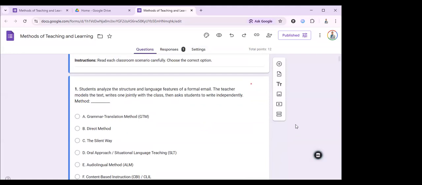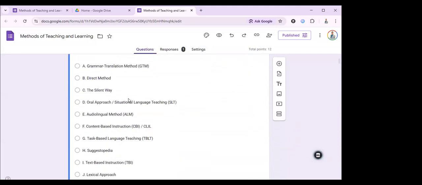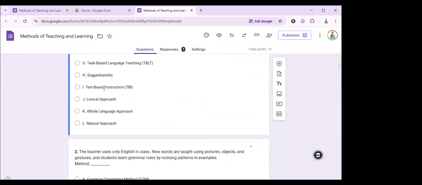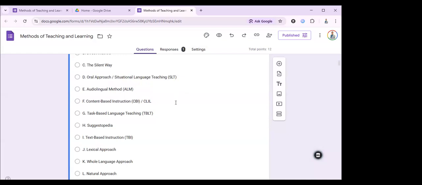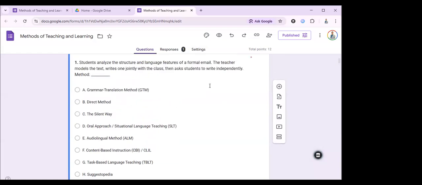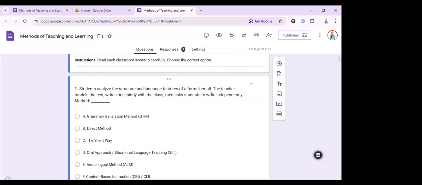Okay, but we don't have the genre here, but it can be the text-based. Why not text-based? Because in text-based we teach language through the text. But here I'm teaching them how to write an email, so I'm focusing on a specific genre.